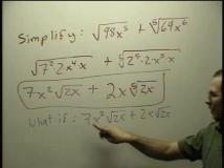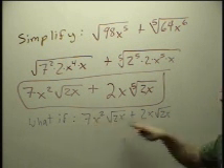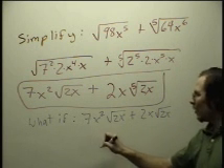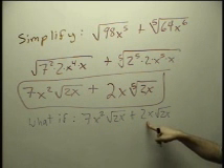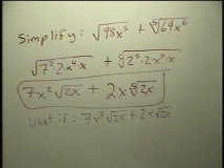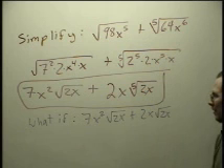Well, that means we add what's in front of the radical piece of it. So 7x squared plus 2x. However, 7x squared and 2x are not like terms. Based on the discussion we had at the beginning, they have different exponents, x squared versus x.